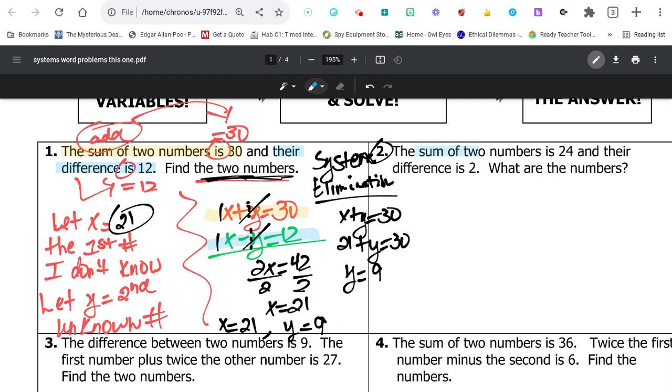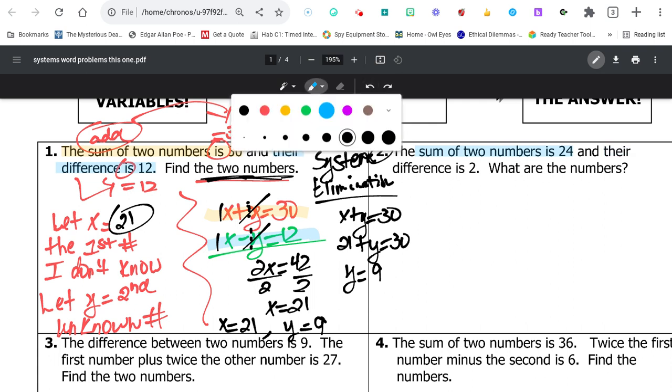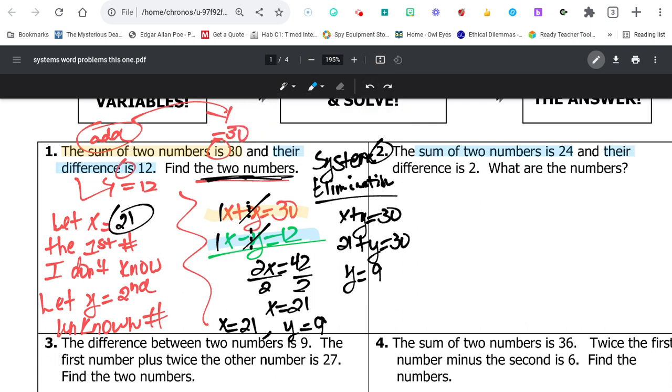So from this expression, I can see that the sum of two numbers is 24, and yet their difference, let me do it in a different highlight. The difference is 12, and it says, what are the two numbers? So I'm going to let x equal the first unknown.